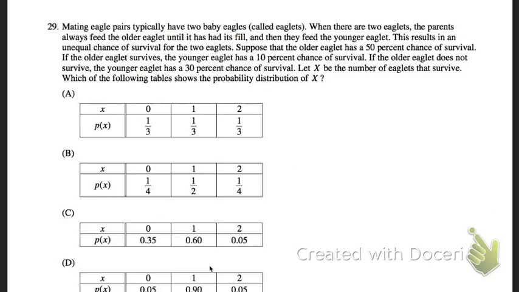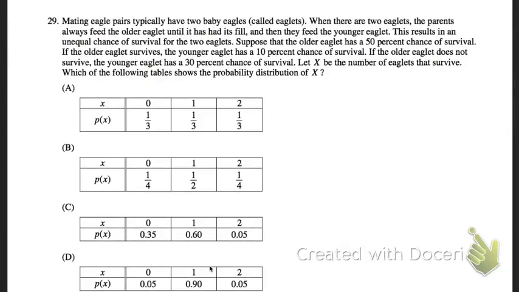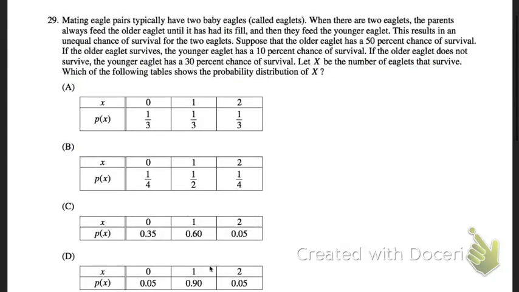The probability distribution, doesn't it just give it to you? I don't believe so. Oh, these are all conditional. Suppose that the older has a 50% chance of survival. If the older survives, the younger has a 10% chance of survival.